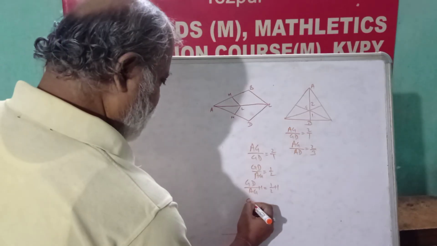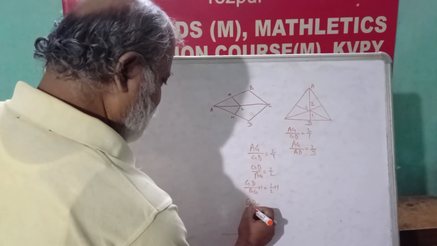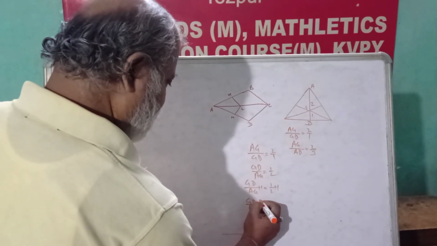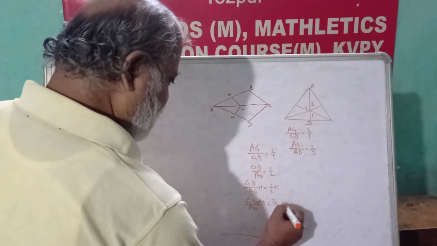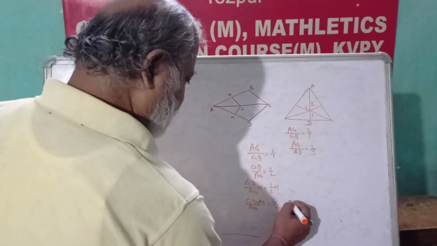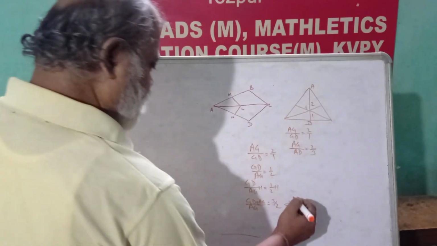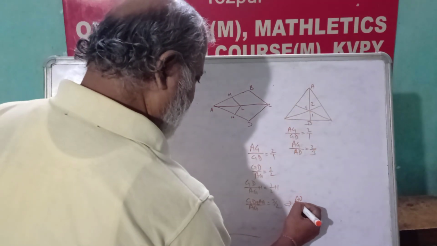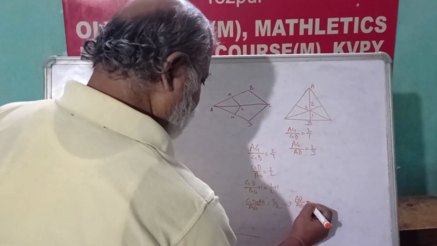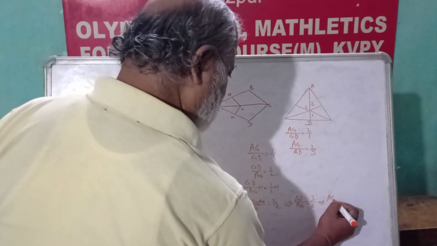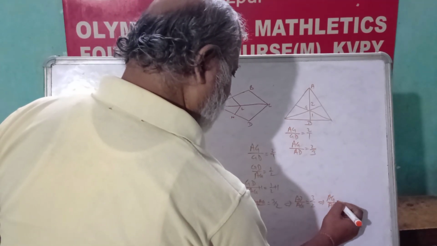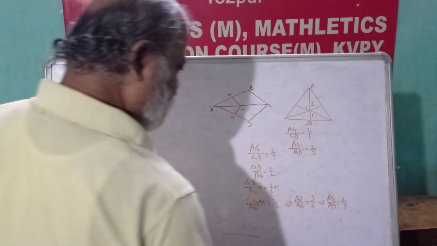So this becomes GD by AG plus AG, that is AD by AG, is equal to 3 by 2. So this becomes AG by AD equal to 2 by 3.